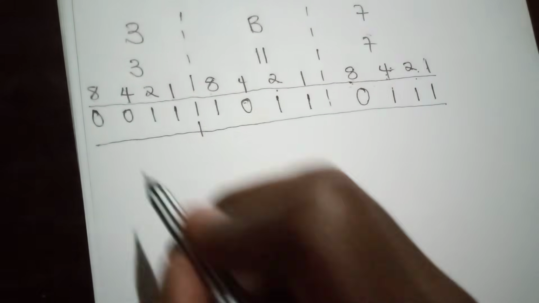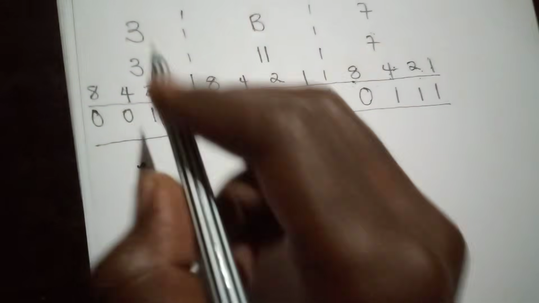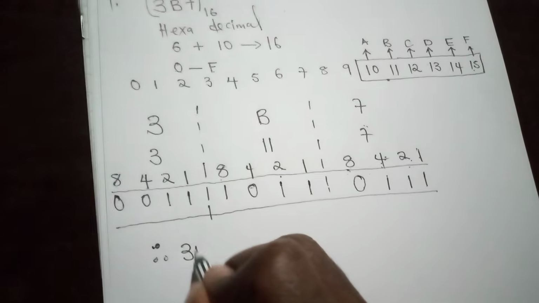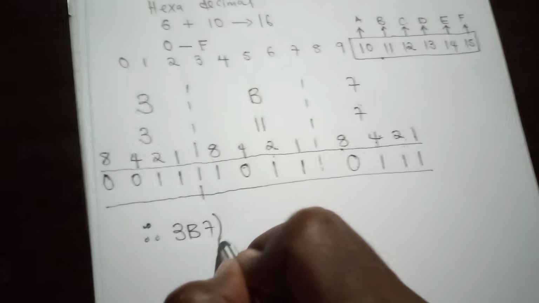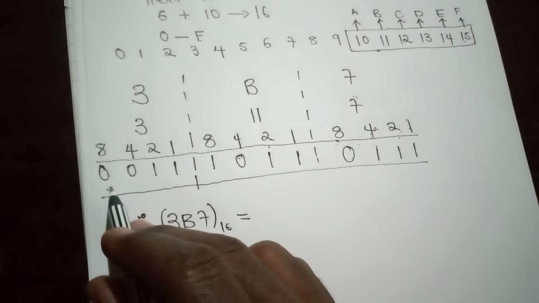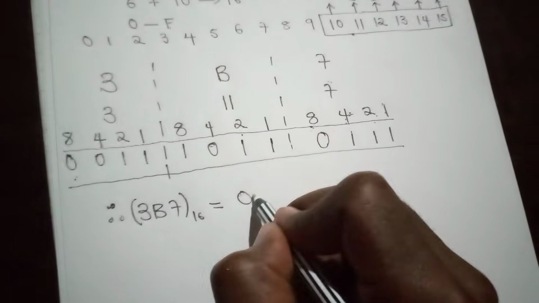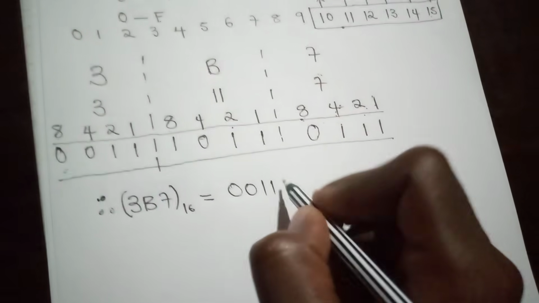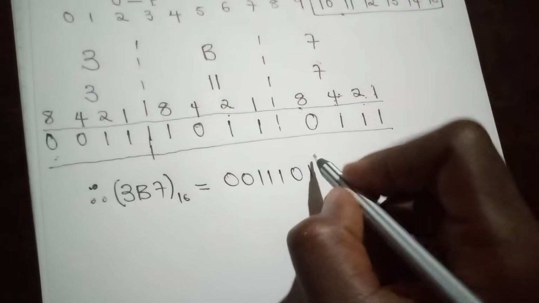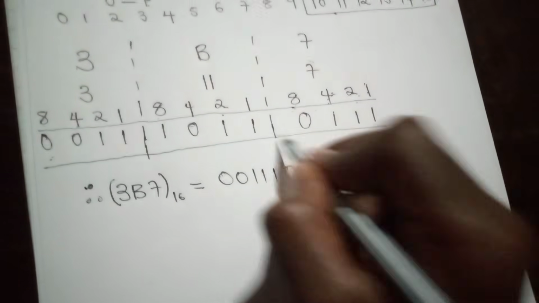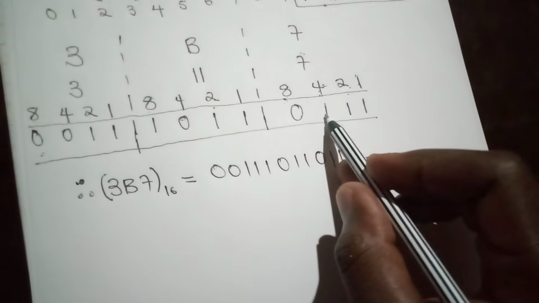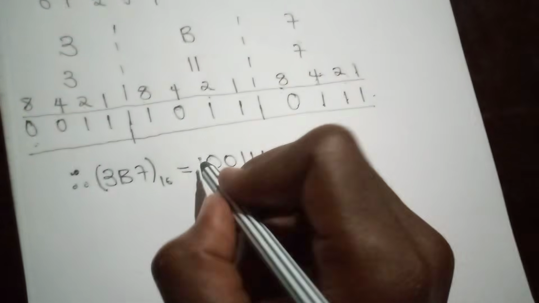So I'll say, therefore, that the hexadecimal that we are given in the question, 3B7 base 16, is represented by, you start copying from this side going that side, that is 0, 0, 1, 1, and then 1, 0, 1, 1, 0, 1, 1, 1. So there are 3 ones, 1, 2, 3, in base what?